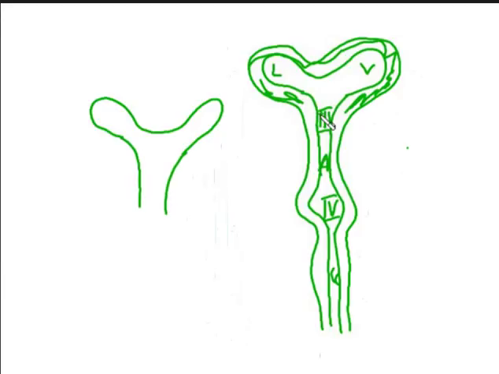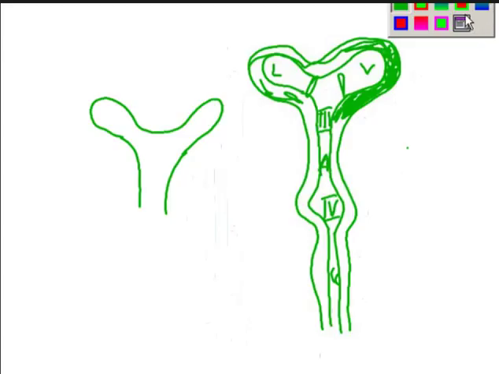This area is called the interventricular foramen, and this nervous tissue which is present here, if I was just to color this, this is the nervous tissue present here.